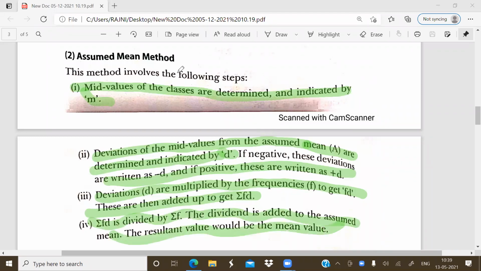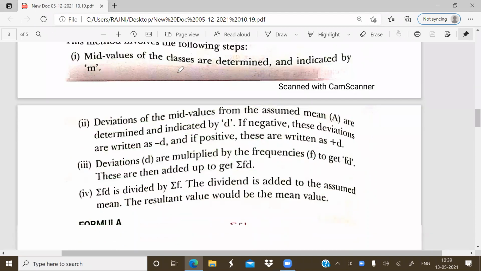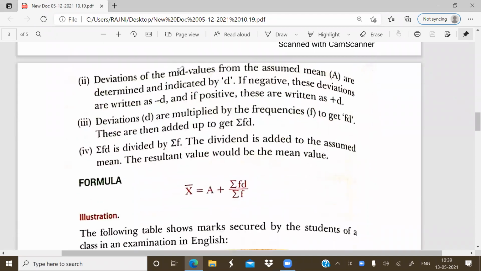The situation is similar to the discrete series, but there is only one difference. In the discrete series, direct items are given, but in the frequency distribution series, rather than direct items, the class intervals are given. And you just have to find the mid value of the class interval.